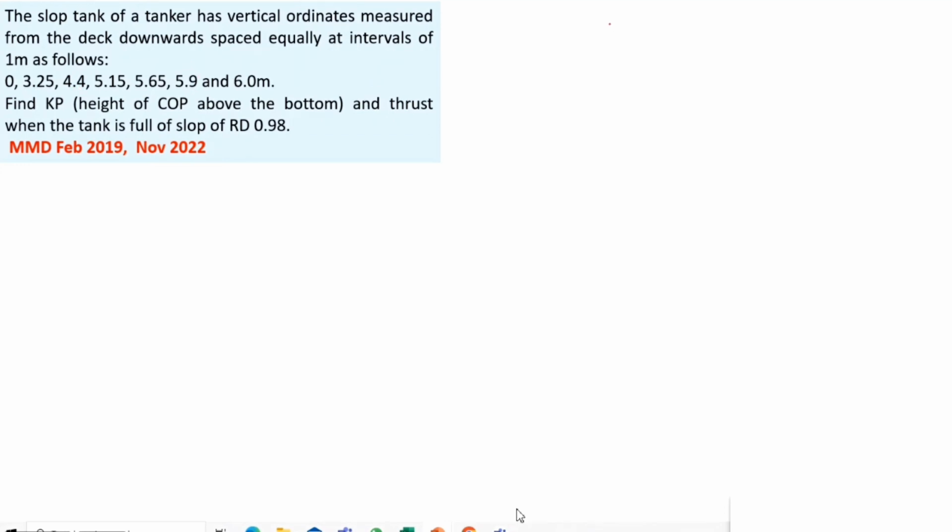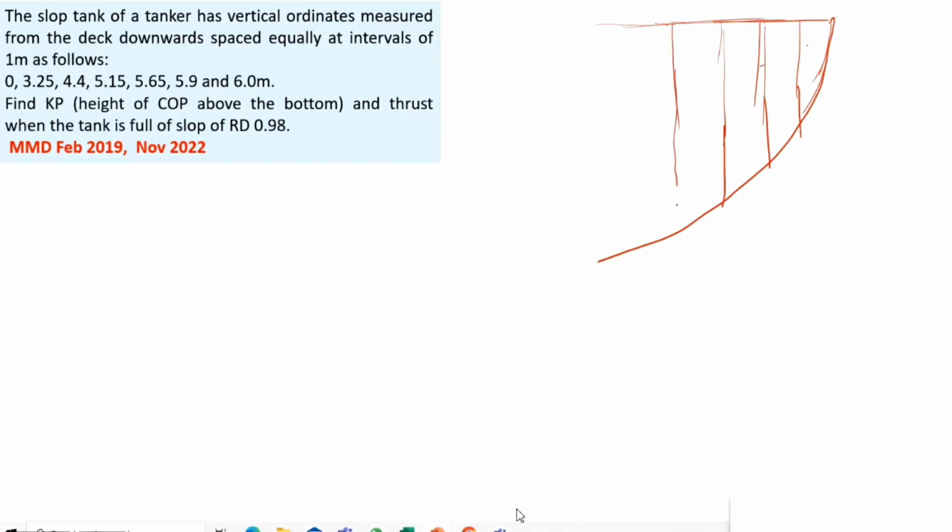They are 0, 3.25, 4.4, 5.1, 5.6, 5.9, and 6 meters. The common interval is 1 meter, given in the question.